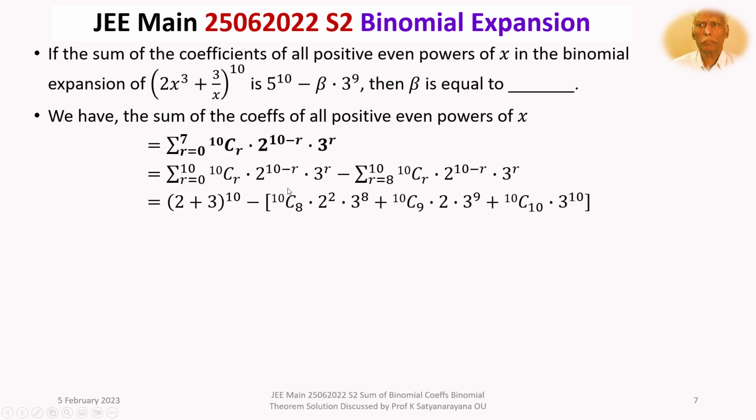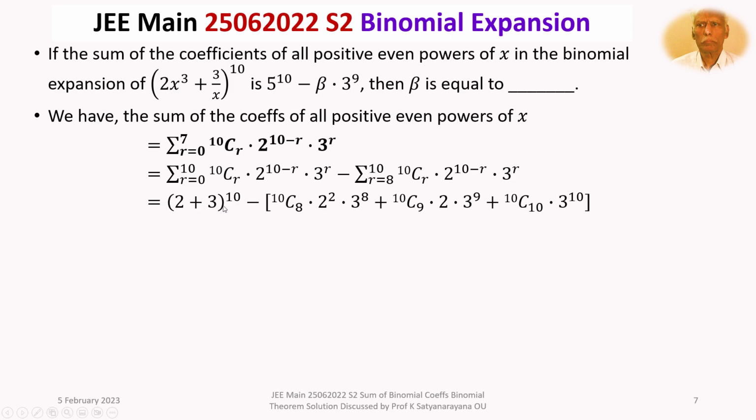So expand this sigma for r equal to 8: 10C8 into 2 to the power of 10 minus 8, that is 2 square into 3 power 8, plus r equal to 9: 10C9 multiplied by 2 to the power of 10 minus 9, that is 2 into 3 power 9. And r equal to 10: 10C10, agreed, and 2 to the power of 10 minus 10, 2 power 0 is 1, into 3 power 10, agreed.